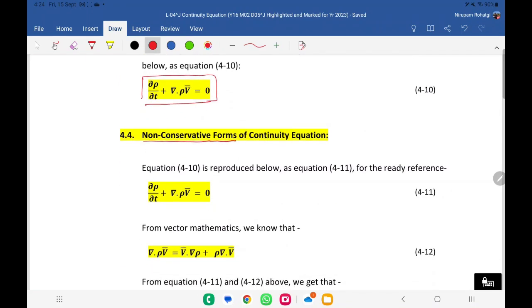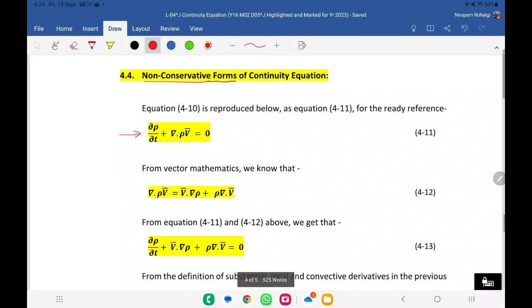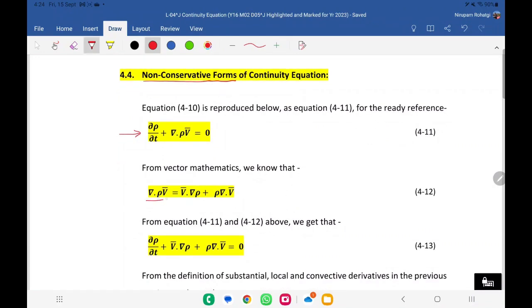Now this equation, which is in the conservative form, can be changed into another form by doing simple mathematical operations, and what you get is called the non-conservative form. So what we do, we break up the second term like this, and it is simple.